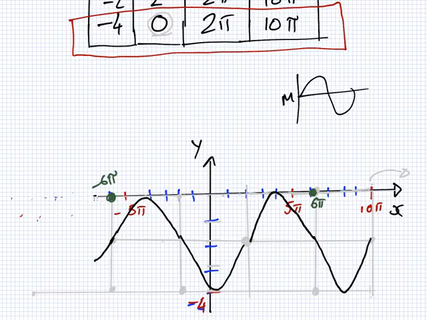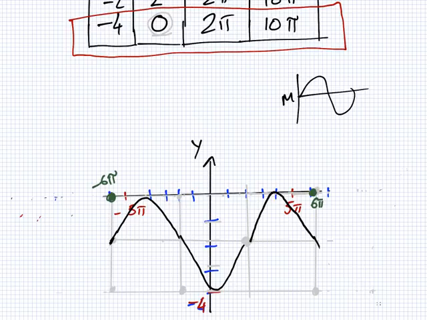Was that 6 pi there? Yeah, so I can cut this out. And then 6 pi is here. And this is what I have at the end.